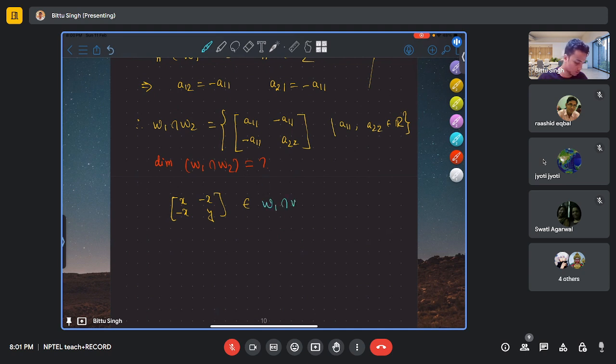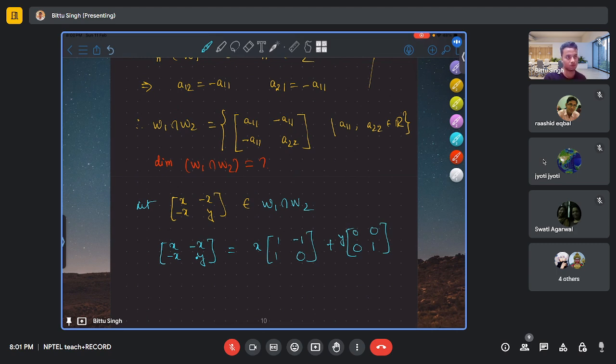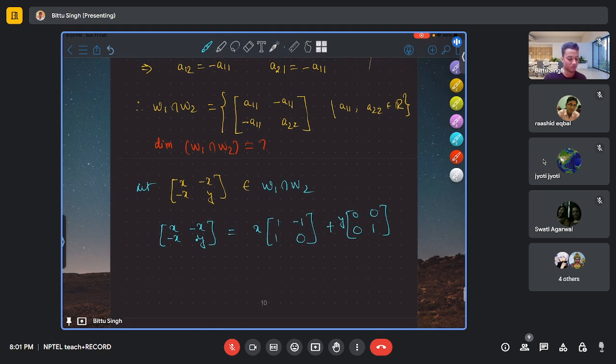We can write this as x times the matrix 1, minus 1, minus 1, 0, plus y times the matrix with 0 everywhere except the last position. This is a linear combination of those two matrices, beta 1 and beta 2.